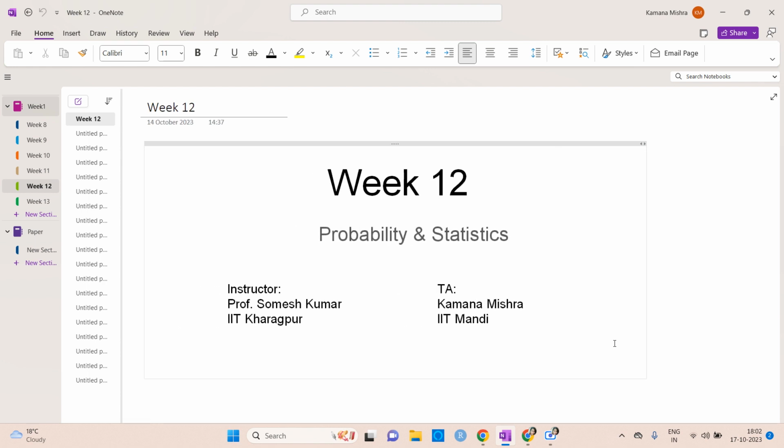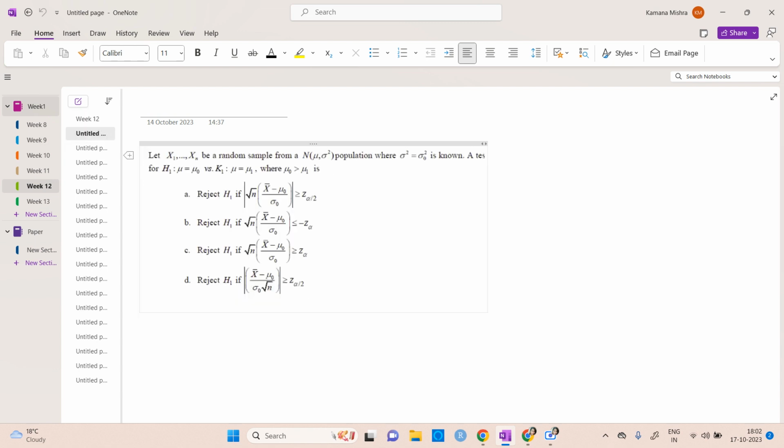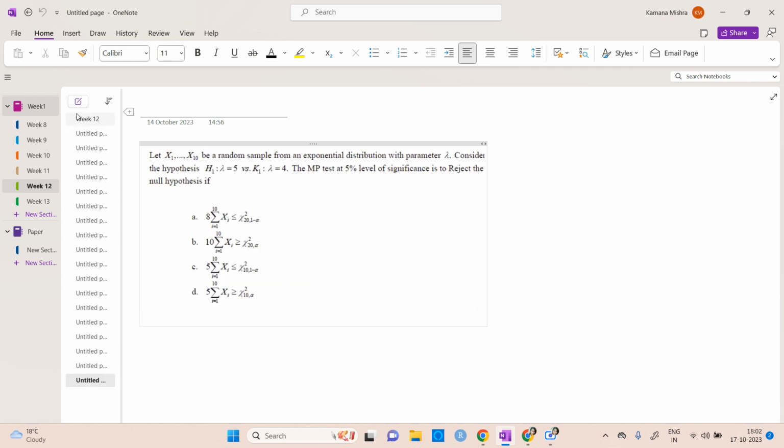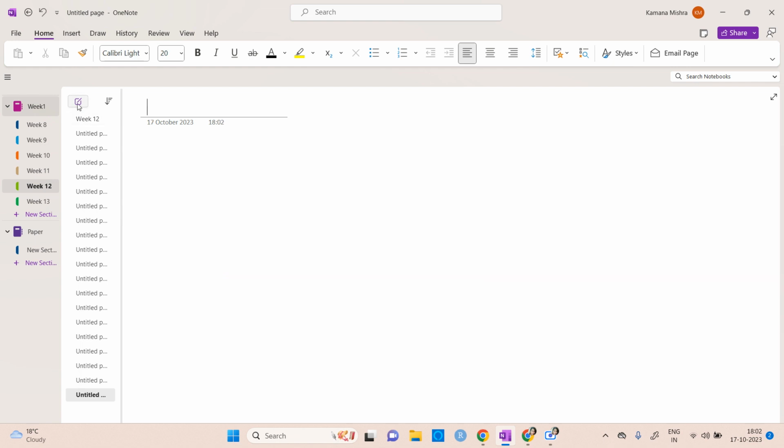Okay, so I'm going to start the class with hypothesis testing. We have so many questions based on this. Firstly, I will give some formulae that we will use, so that you can recall them.